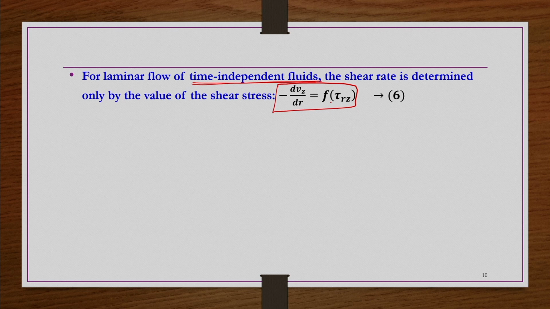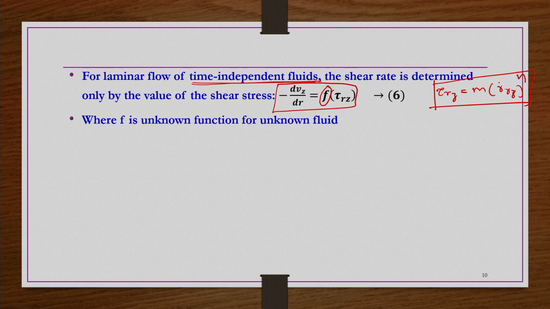If you know the fluid is shear thinning, then tau Rz equals m gamma dot Rz power n, but we do not know the nature of the fluid, that is what we are measuring. So, f is an unknown function for an unknown fluid.